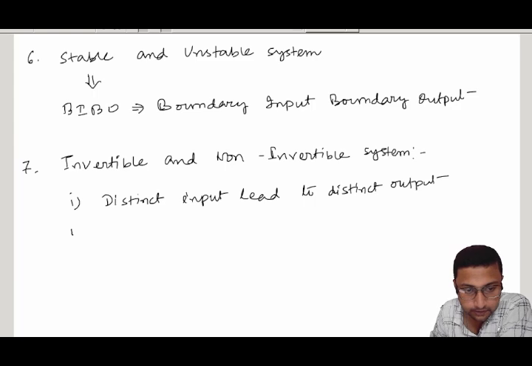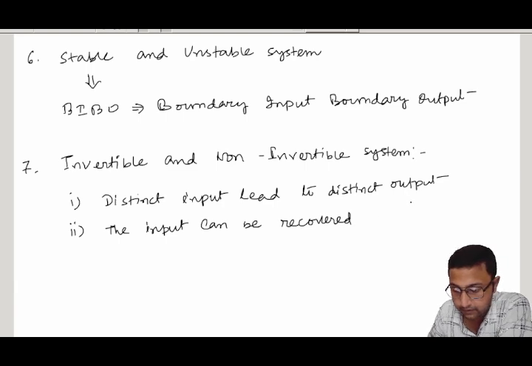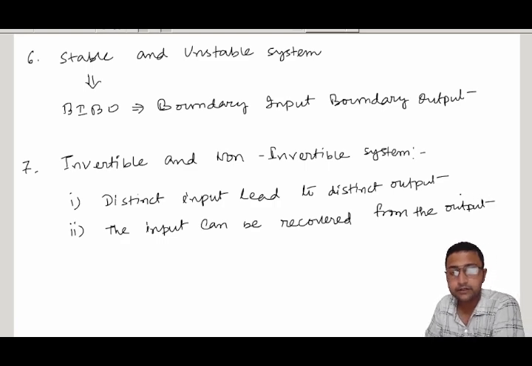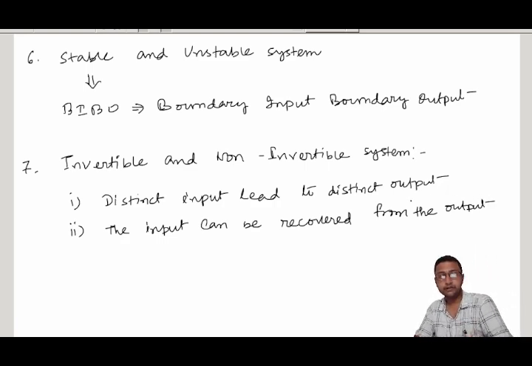Right? And number two, the input can be recovered from the output. If these two properties are followed, then the system is called an invertible system. That means the input can be recovered and distinct inputs lead to corresponding distinct outputs.